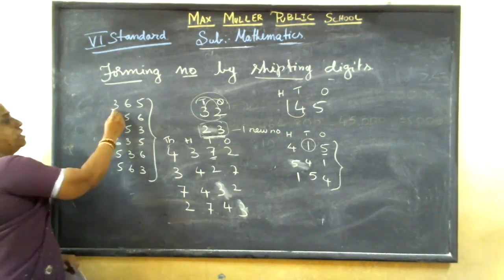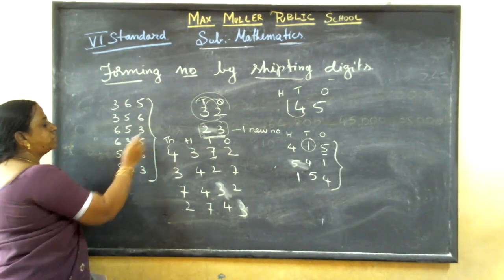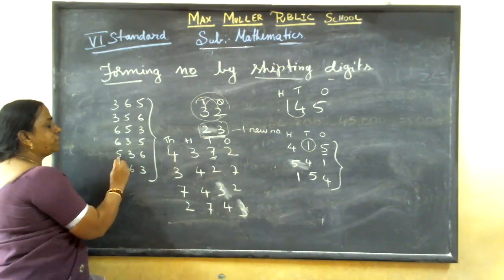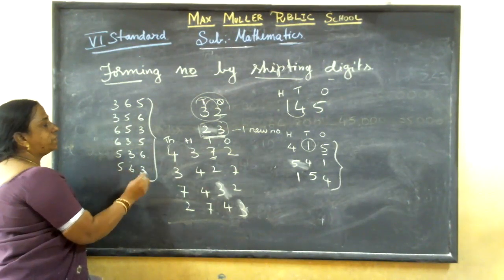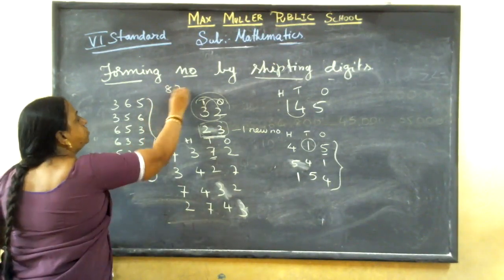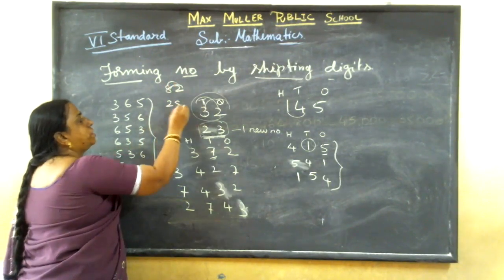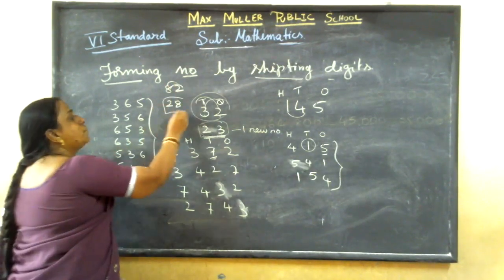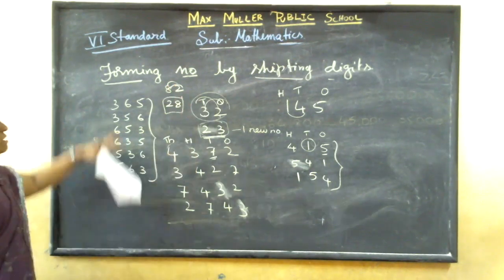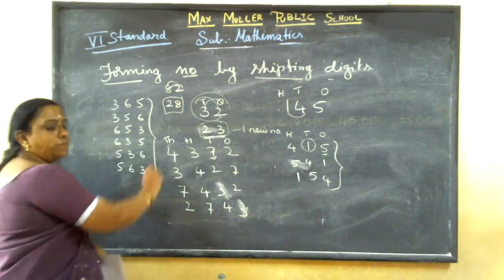See here: 365, 356, 653, 635, 536, 563. If we take a 2-digit number, like 82, we get 2 and 8, we can interchange to 28. That's all. We can form only one number for 2-digit, but for 3 or more digits, if we interchange the places, we'll get many numbers.